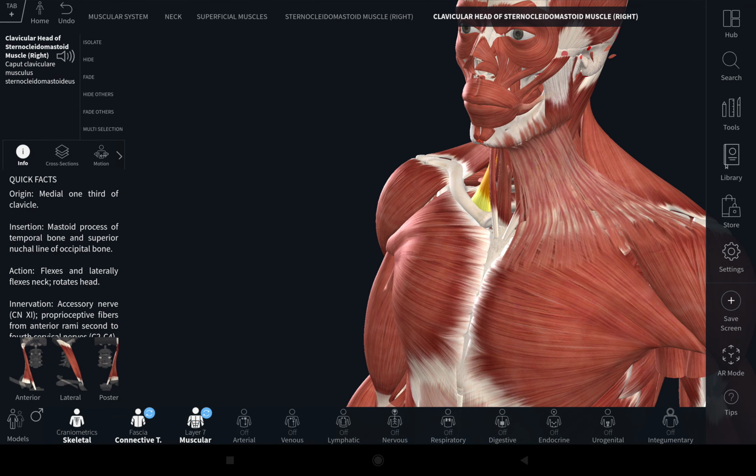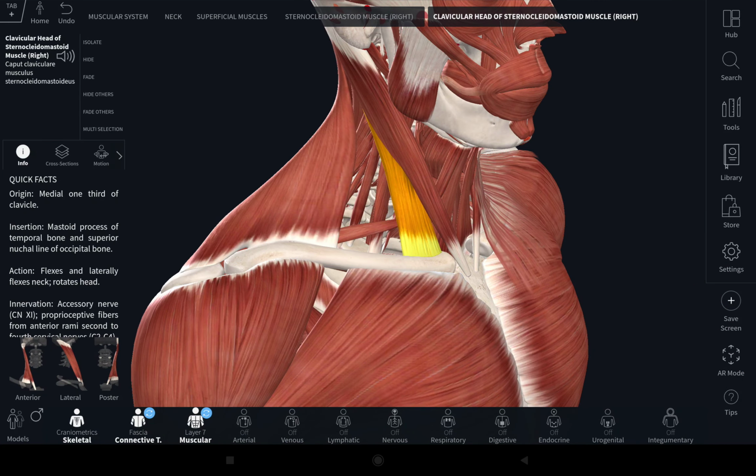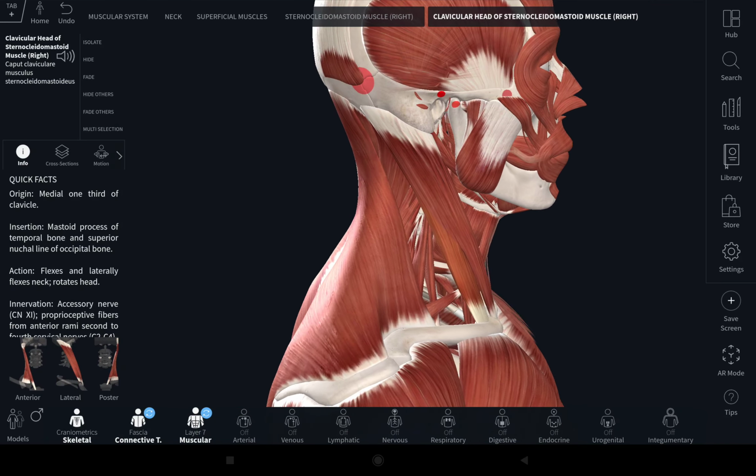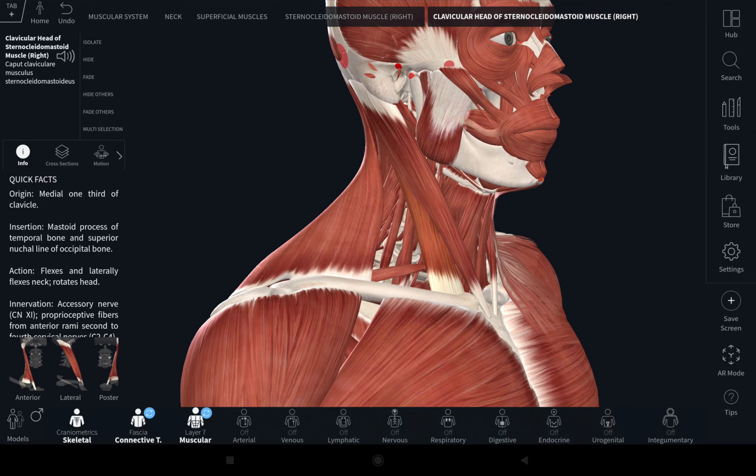This is the clavicular head, which originates from the mastoid process and inserts in the clavicle.